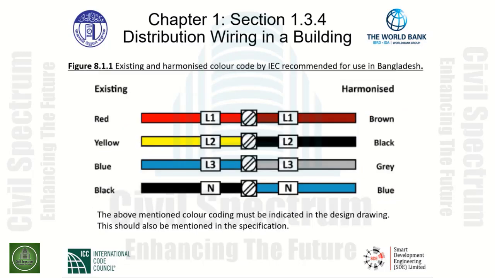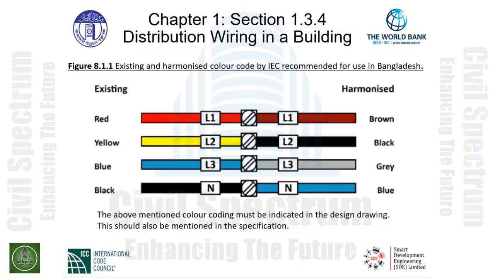Figure 8.1.1, titled Existing and Harmonized Color Code by IEC Recommended for Use in Bangladesh. On the left side, we see the existing color codes, where L1 was red, L2 was yellow, L3 was blue, and our neutral existing was black.